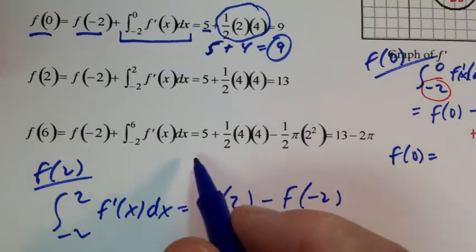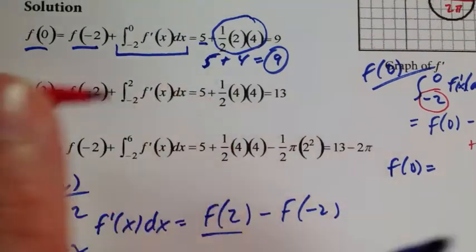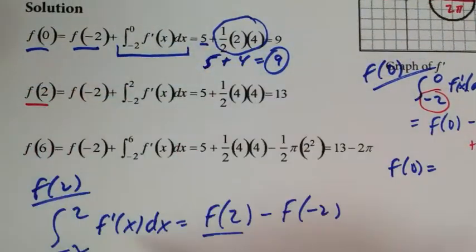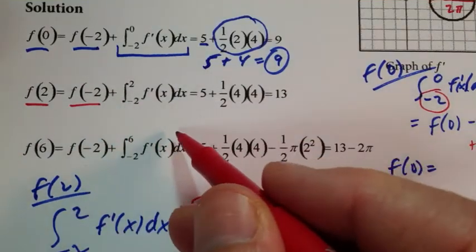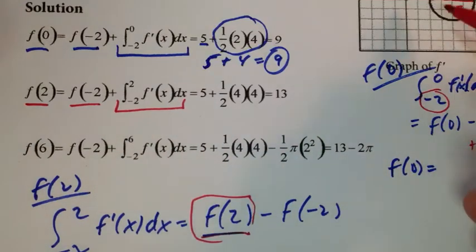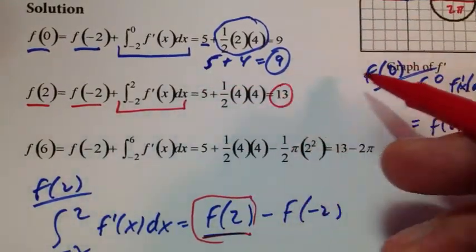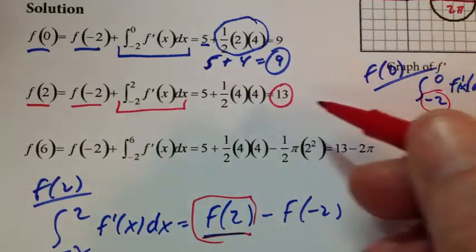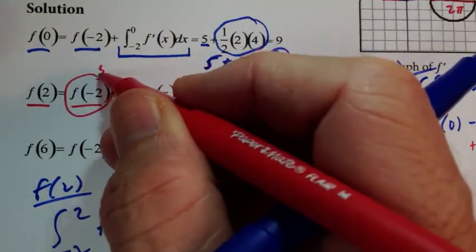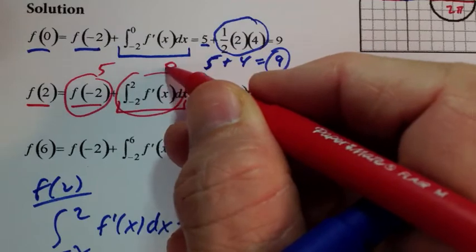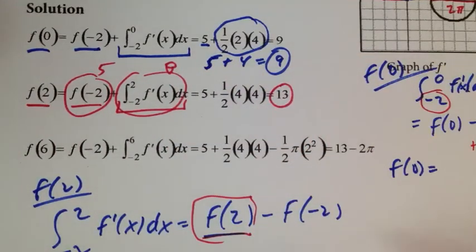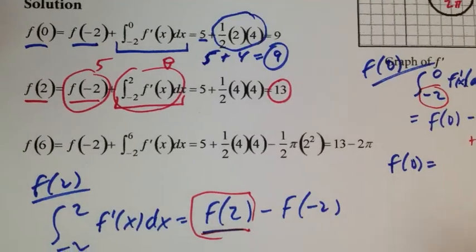So we add f of negative 2 to both sides, and we get f of 2 equals f of negative 2 plus the integral from negative 2 to 2. Well, negative 2 to 2 is 8. So we have f of negative 2 is 5, this guy is 8, and 5 plus 8 is 13. And then f of 6, you can obtain that the same way.